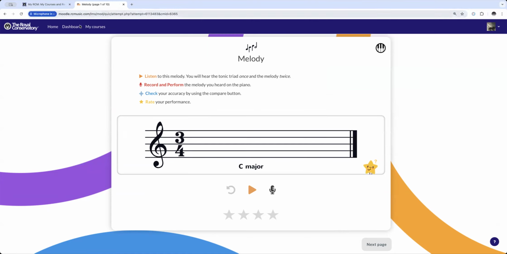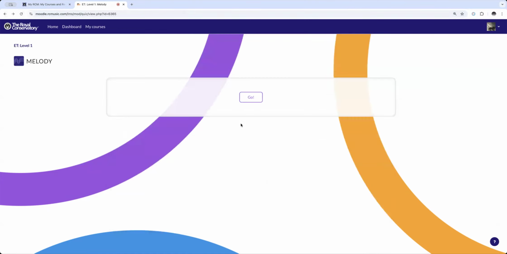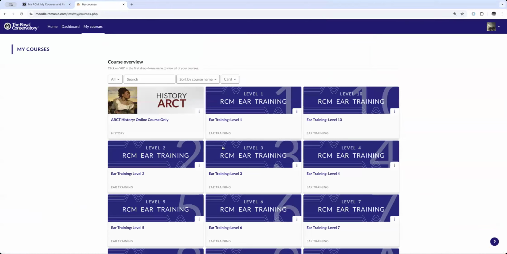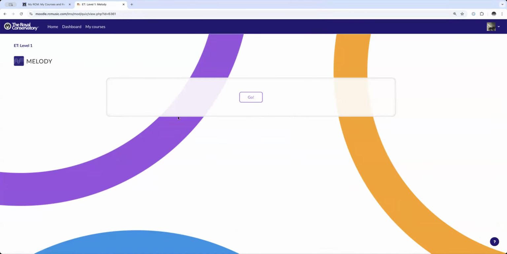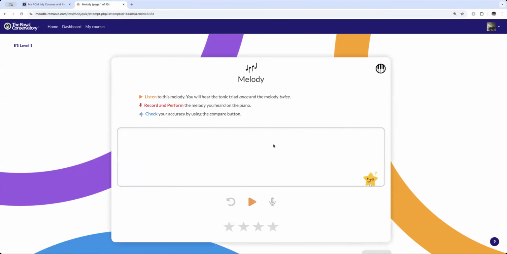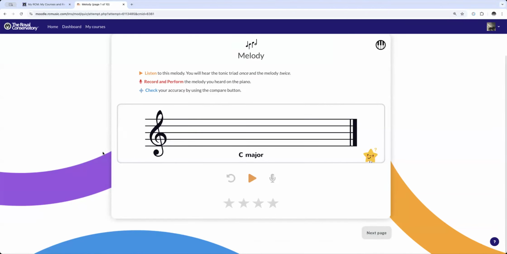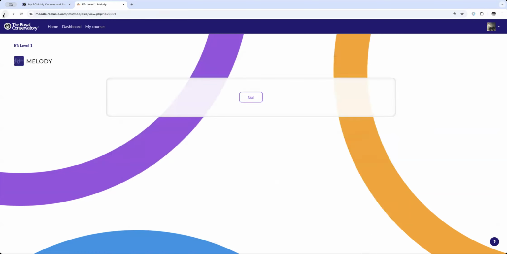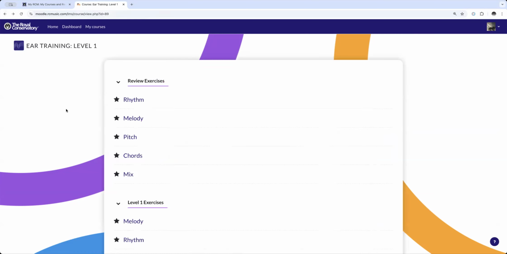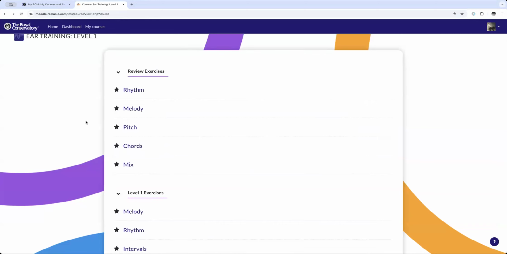So everything is okay on my end. Okay, melody. Oh, so there's an issue. We're going to skip this one. We're going to move directly to the pitch part.